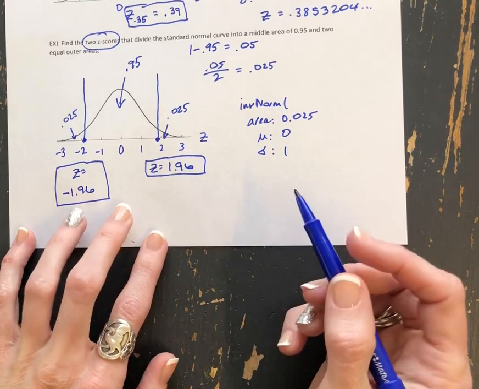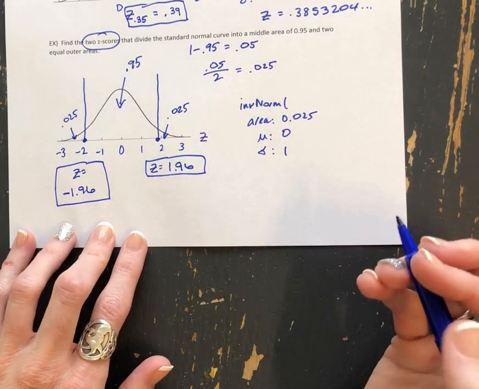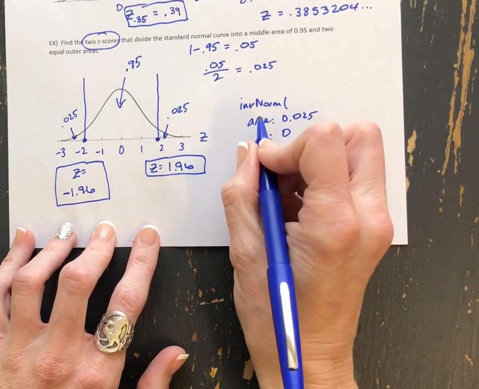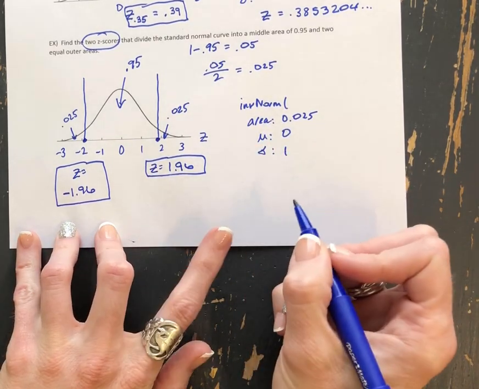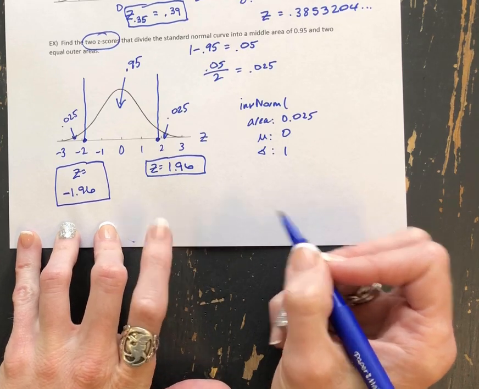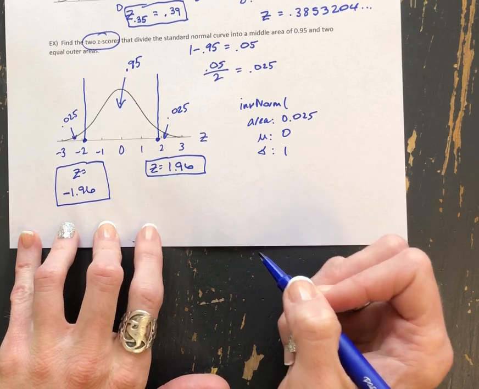Okay, so in summary, when you are given an area and looking for a z-score, you're using inverse norm. When you are given a z-score and looking for an area, that's when you do what we did before, which is normal CDF.